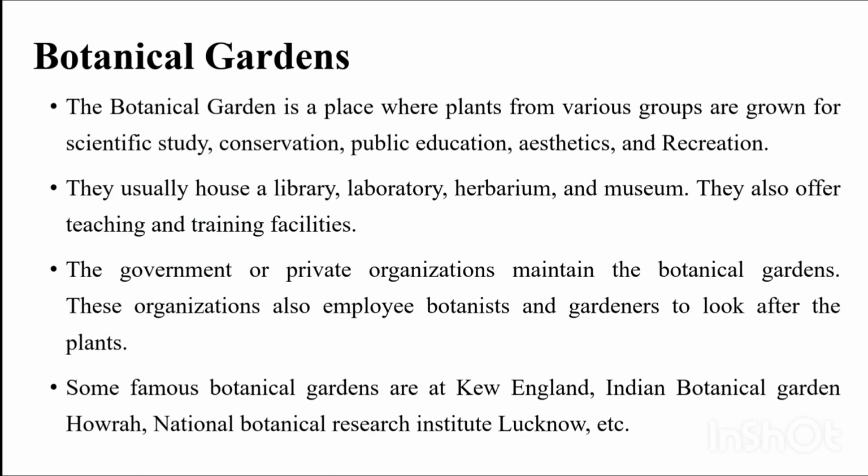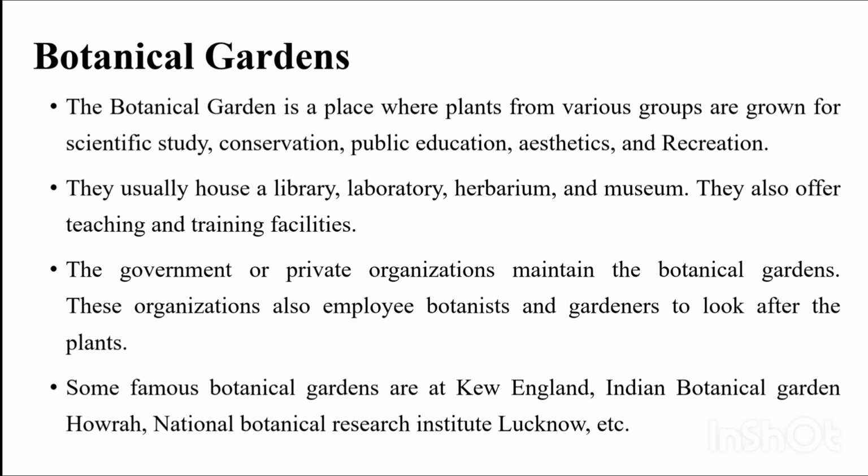Then the botanical garden. A botanical garden is a place where plants from various groups are grown for scientific study, conservation, public education, aesthetic purpose and recreation. They usually house a library, laboratory, herbarium and museum. They also offer teaching and training facilities. The government and private organizations maintain the botanical gardens.